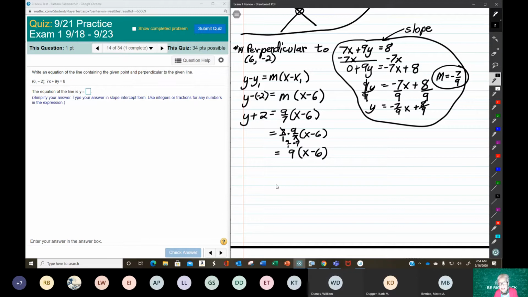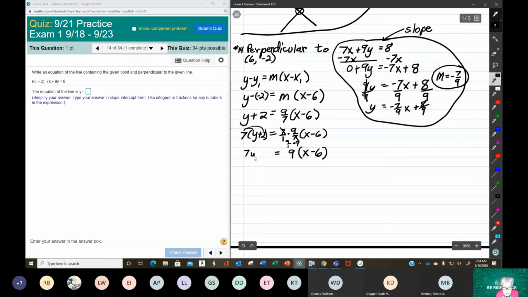Now I can't do anything to one side of an equation without doing it to the other side also. So I have to take this 7 and also multiply it by y plus 2. Then I'll distribute, I'll multiply the 7 by the y and by the 2.